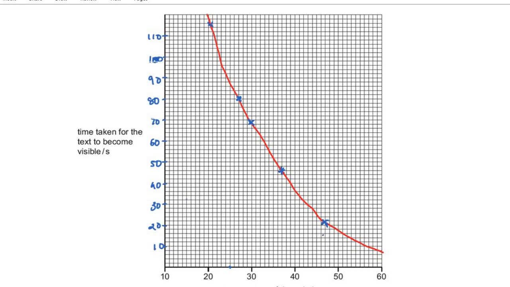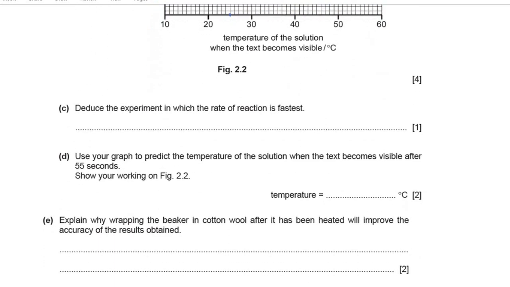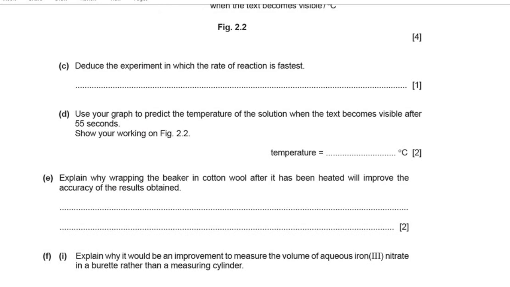On the x-axis they've already given the temperature, and here I have plotted the points. As you can see, there are crosses in blue, and I've drawn a curve in red so that it is visible properly. Actually, the curve I've shown here is not a smooth curve. As I'm drawing it digitally, it has gone a little here and there, but definitely with a pencil you can draw a very smooth curve.